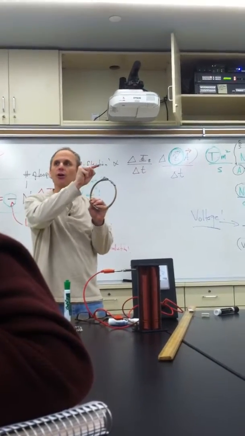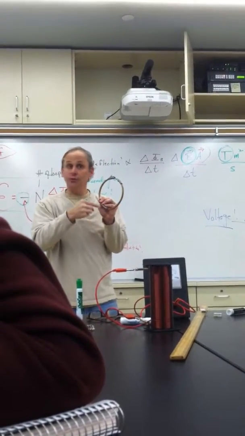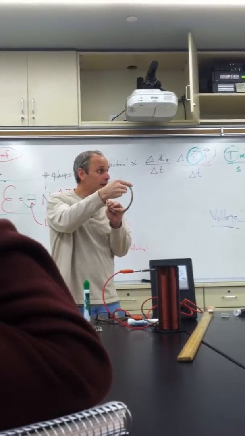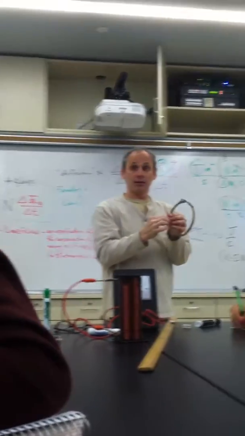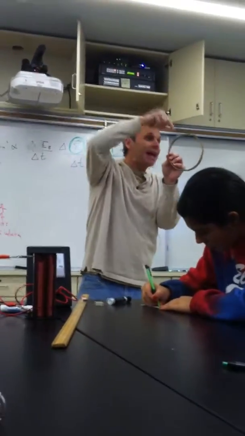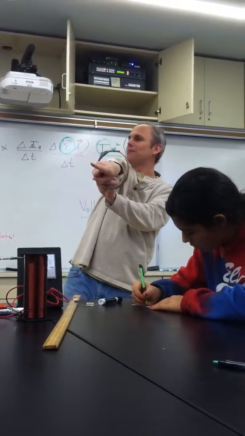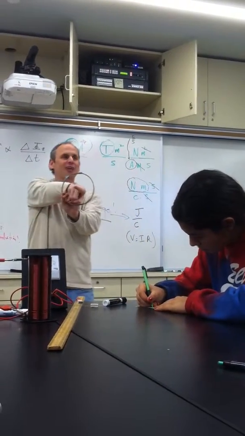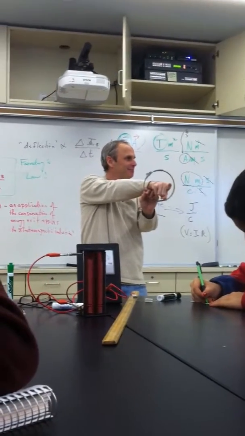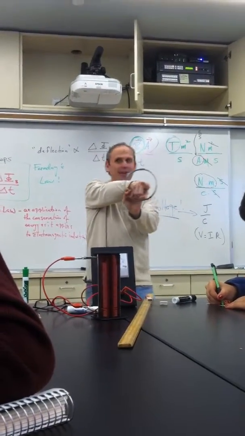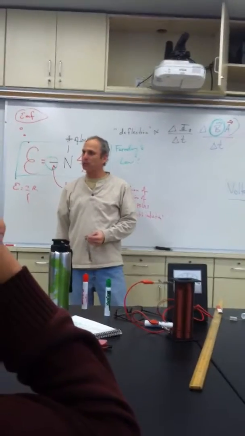The induced current that flows in a conductor must be in a direction such that its magnetic field opposes the changing flux that created it in the first place.